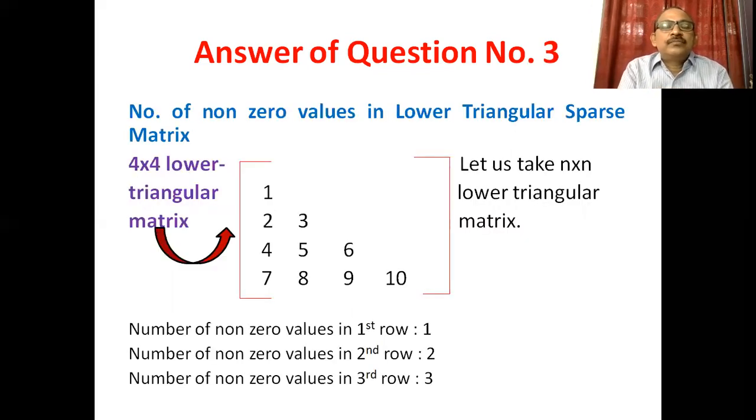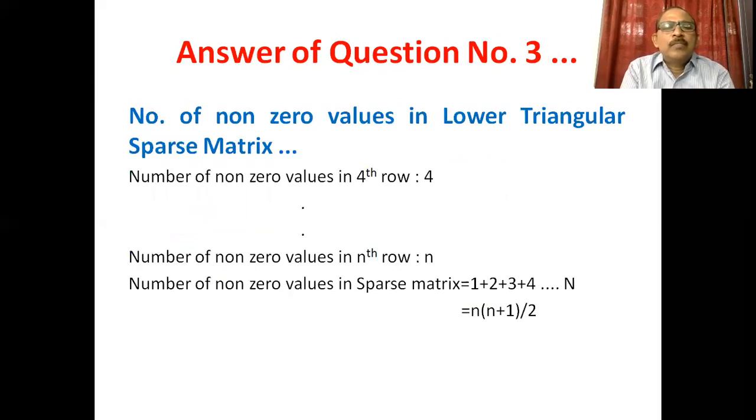Now next question. Here we are interested to count the number of elements in the lower triangular sparse matrix. Let us take an example of a 4 cross 4 triangular sparse matrix. The first row contains one element, the second row you can see two elements, the next row three elements, and so on. The number of non-zero elements in the first row is 1, second row 2, next row 3, and the number of non-zero values in the nth row will be n.